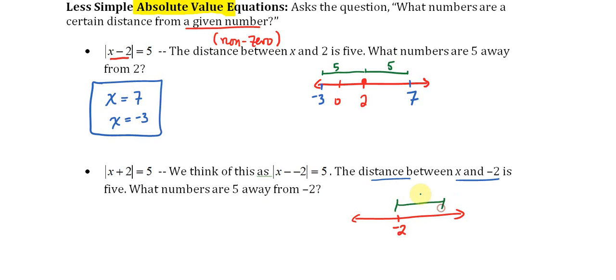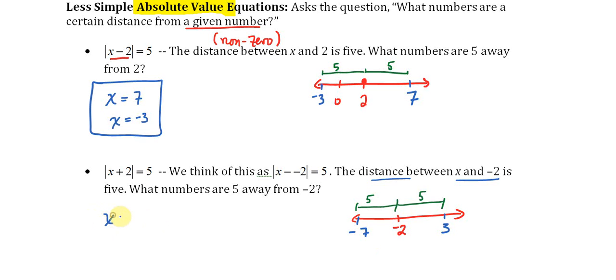So we can go 5 units in one direction, or 5 units in the other direction. If we start at -2 and go 5 to the right, that will lead us to 3. And if we start at -2 and go 5 to the left, that will lead us to -7.